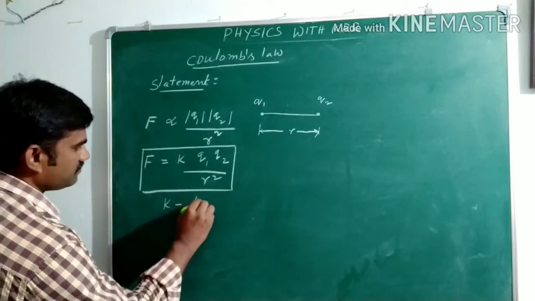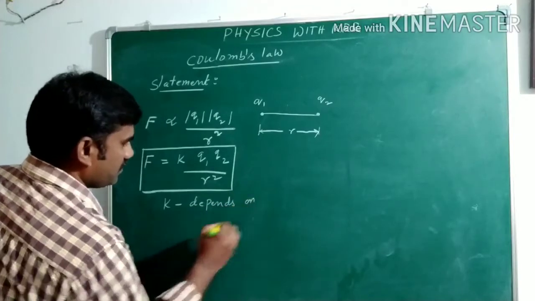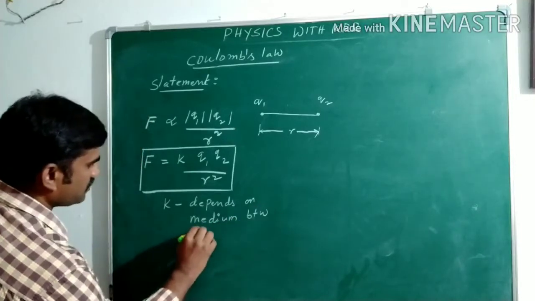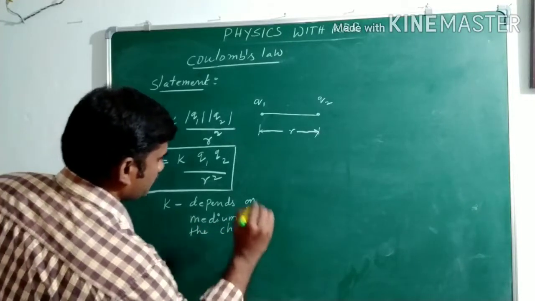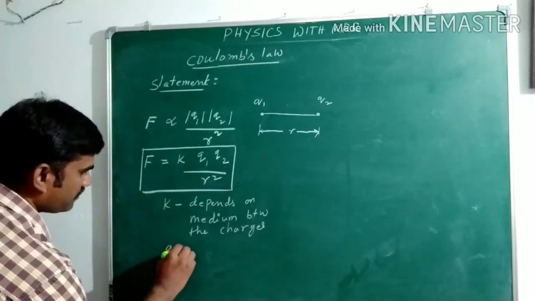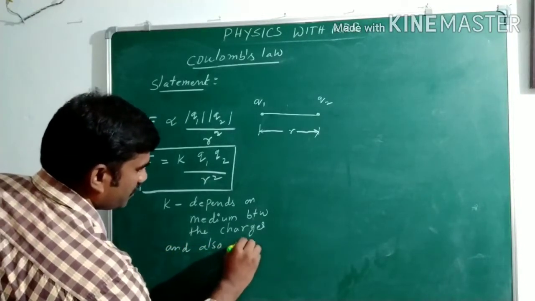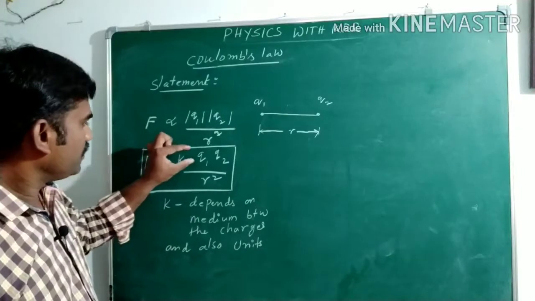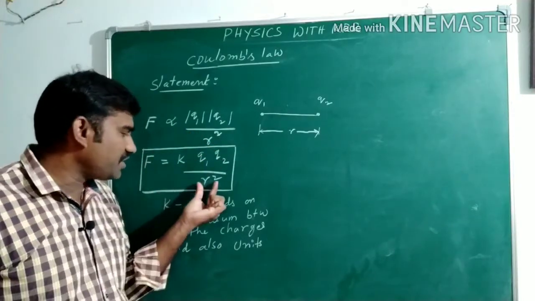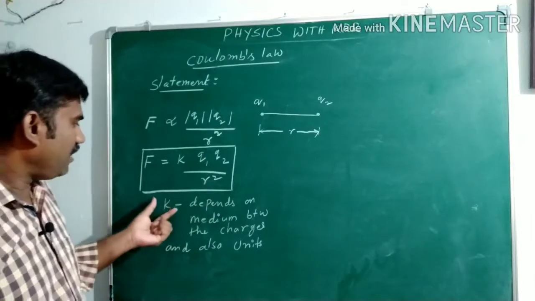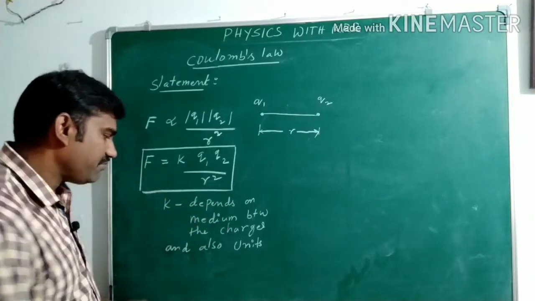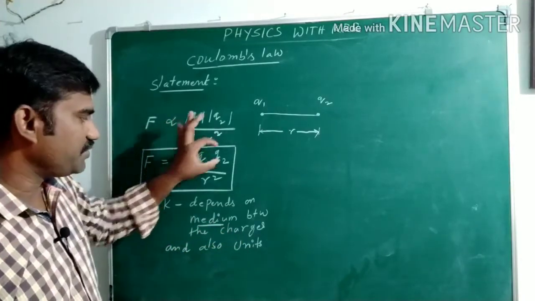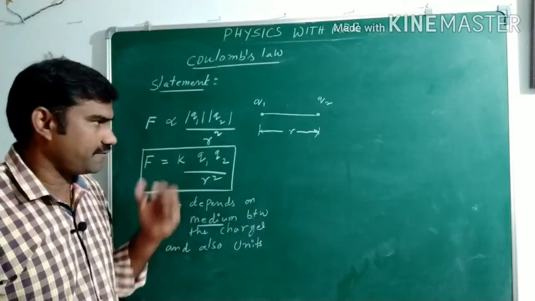It depends on the medium between the charges and also units in which charges and the distance between the charges are measured. So the value of K depends on medium between the charges and also the units in which we are expressing the charges Q1 and Q2 and the distance between the charges, that is R.